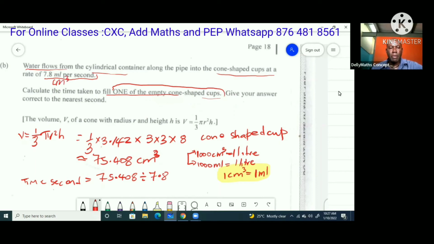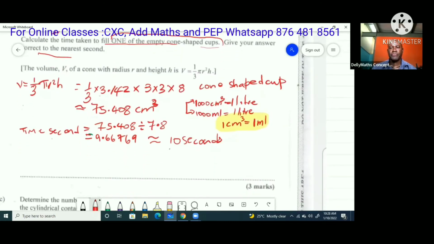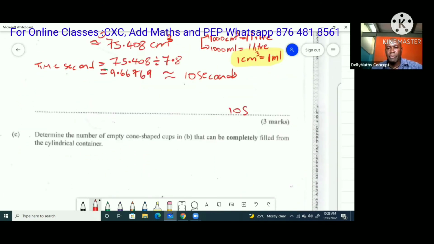Dividing by 7.8, we get 9.66769 seconds. But they want it to the nearest second, so we're talking about 10 seconds. In 10 seconds, we're going to fill one of those little cups.